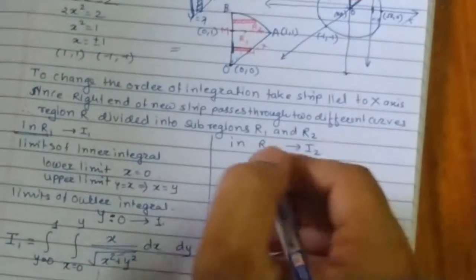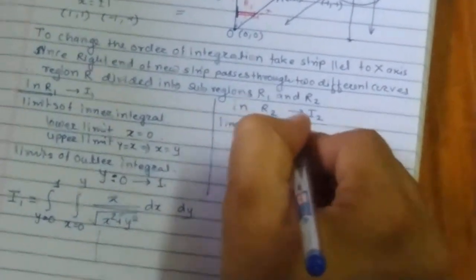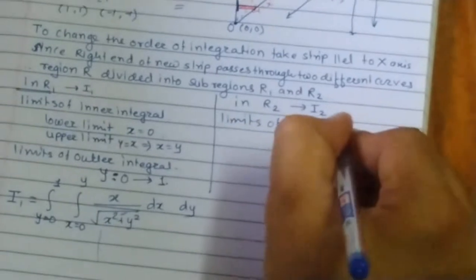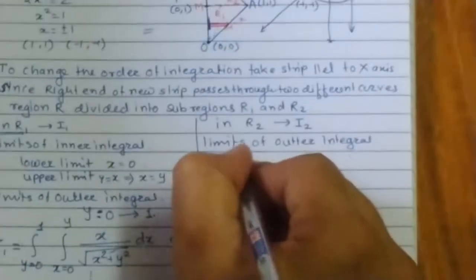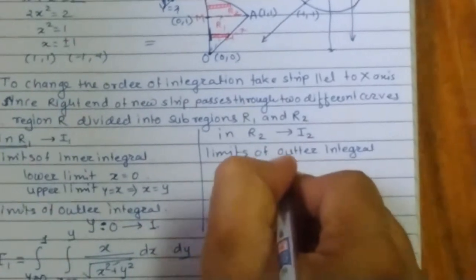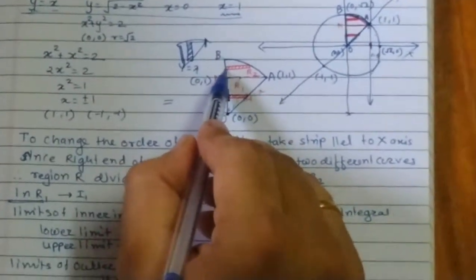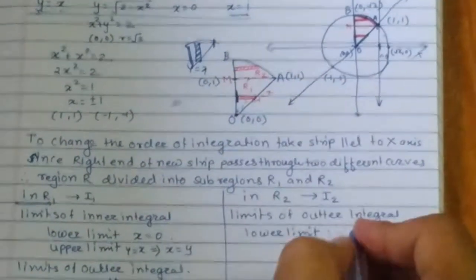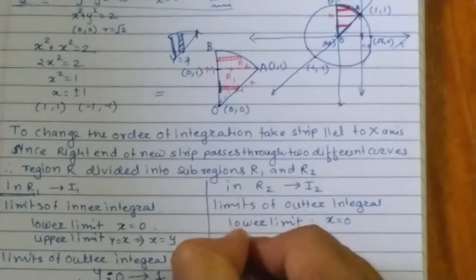In R2, the limits of the inner integral. First one is the lower limit. Still, the left end of the strip is on the line OB. OB is a part of the y-axis. So therefore we have x equal to 0.